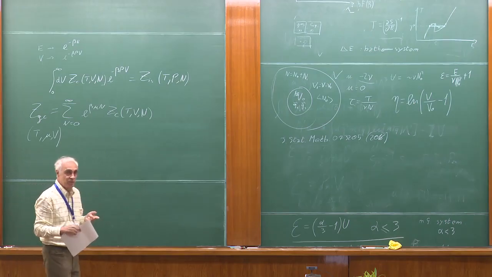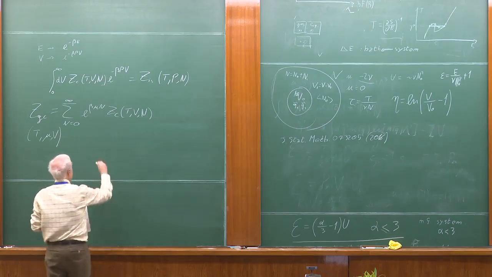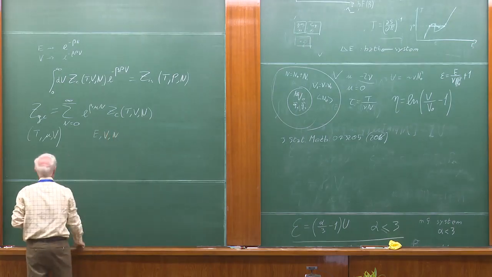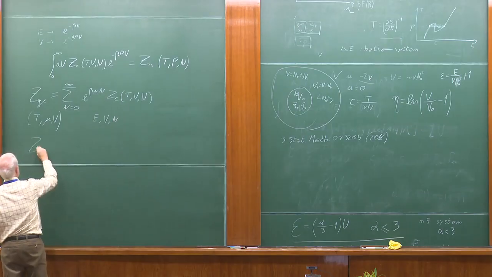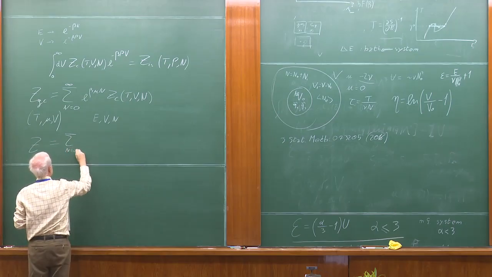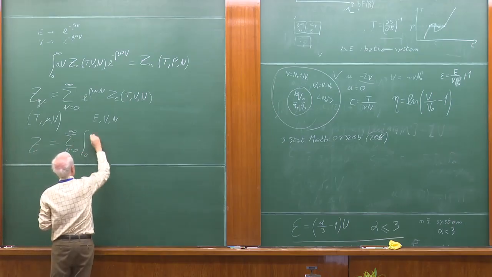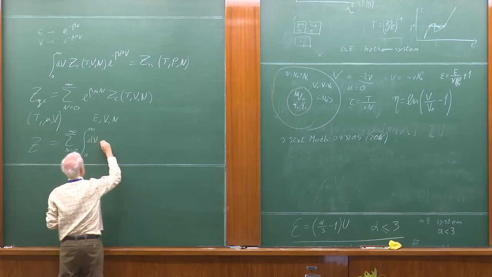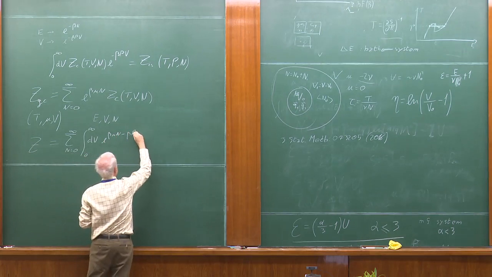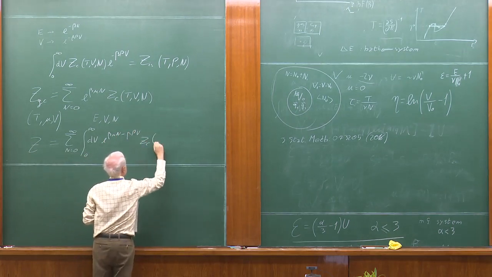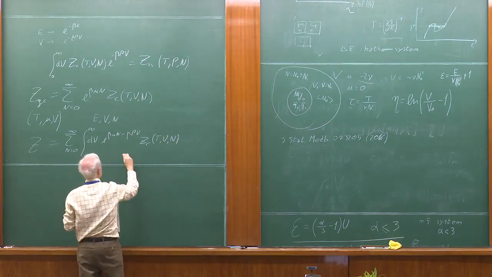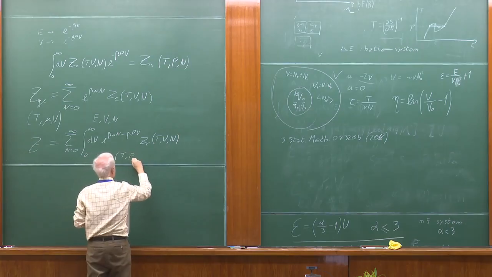It is possible to allow fluctuation in all of them: not only energy, but also volume and number of particles. This would be to build an ensemble in which you do both. And this will be a function of T, P, and mu.